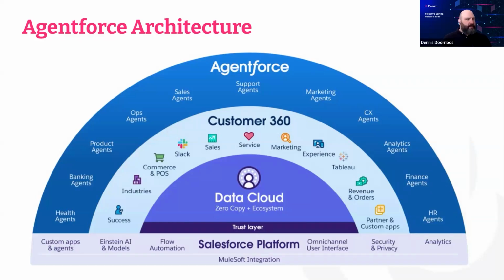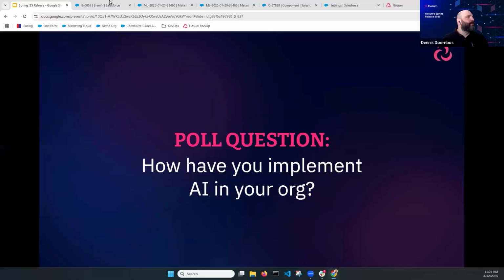So you have your customizations, custom apps. This is where Flosum lives. It's a custom application. Your data is still stored inside of Salesforce. You have it built on top of the Sales Cloud platform. And then on top of all of that are the Agentforce capabilities. And we're primarily using Agentforce's prompt builder to surface up some of these AI-driven insights. So let me go ahead and give you a demo of this.